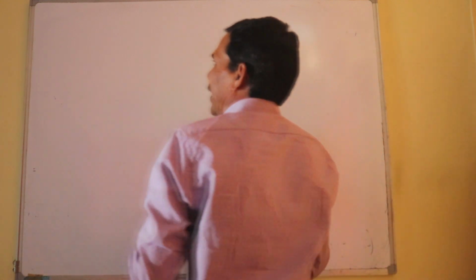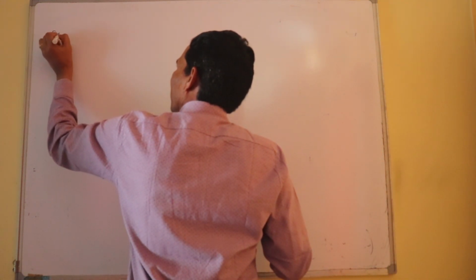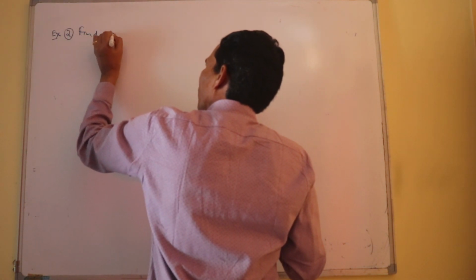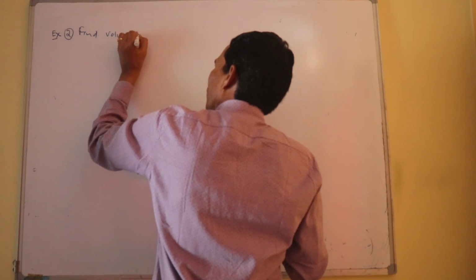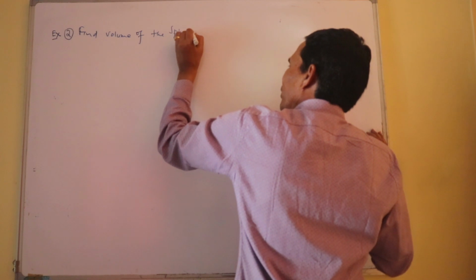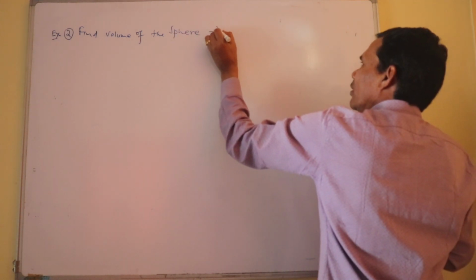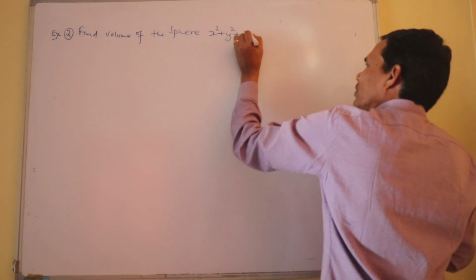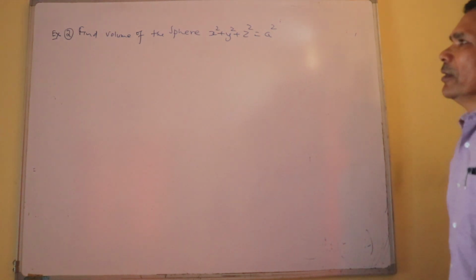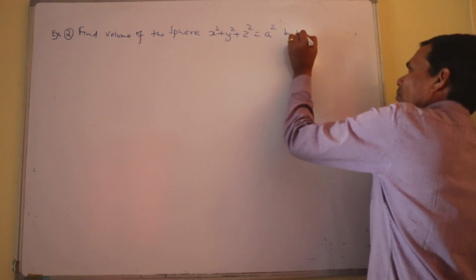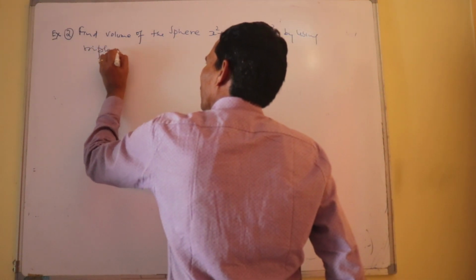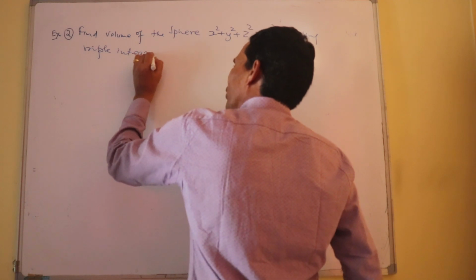Second example: find the volume of the sphere x square plus y square plus z square is equal to a square by using triple integration.